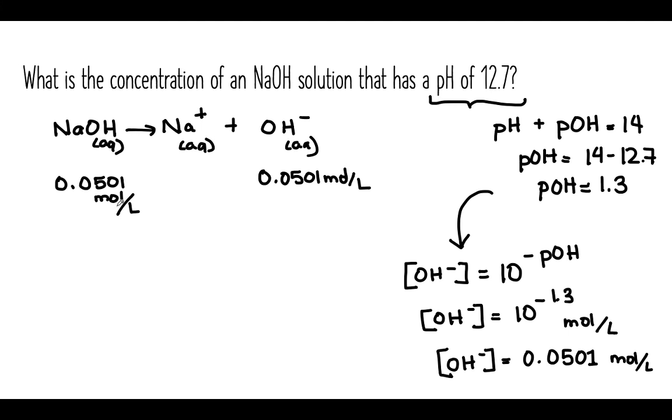So knowing the concentration of my OH minus will help me find the concentration of the base to begin with. And my final answer should have 3 significant digits, since that is the number asked for in the question, and this value does have 3 significant digits.